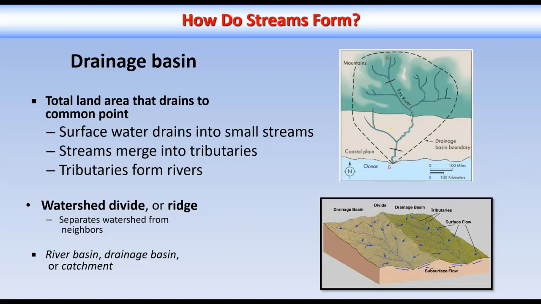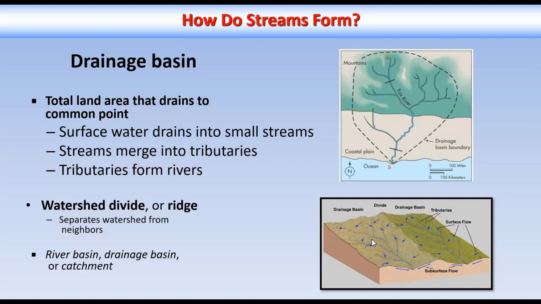So in this diagram, on the bottom right, you can see there's a ridge here, a high point. And so when rain falls, it's either going to go right or left here. And so this ridge is separating two drainage basins, right? So there's two river systems here, and then they flow into that.